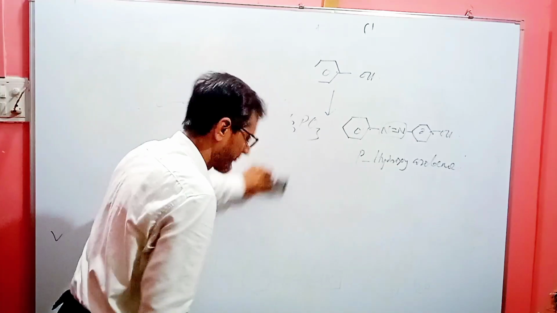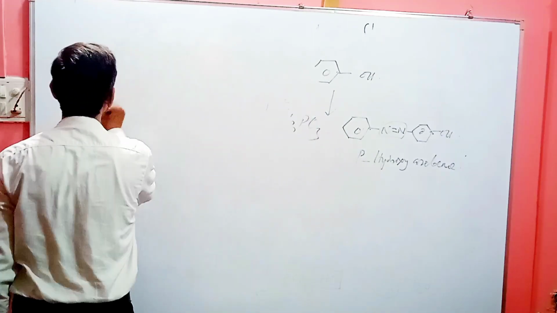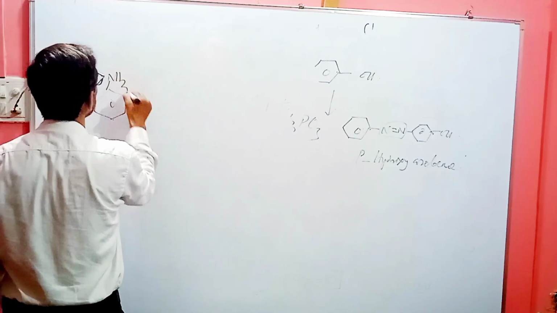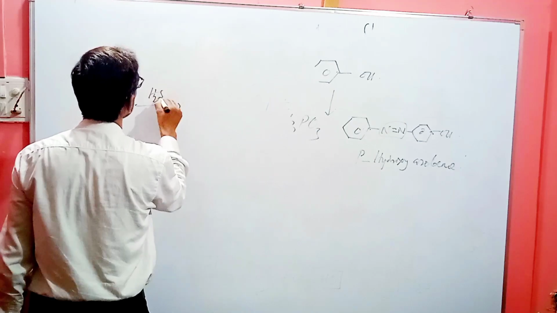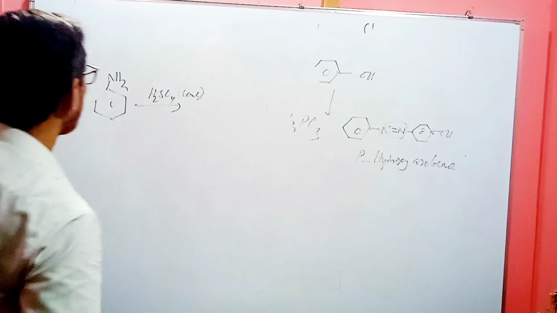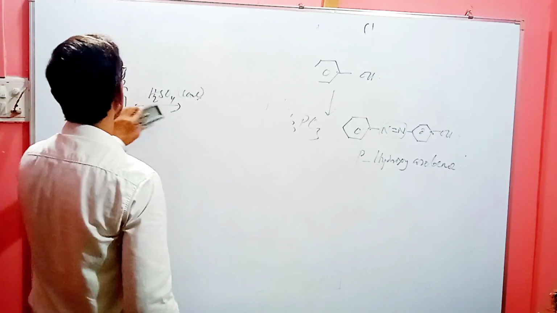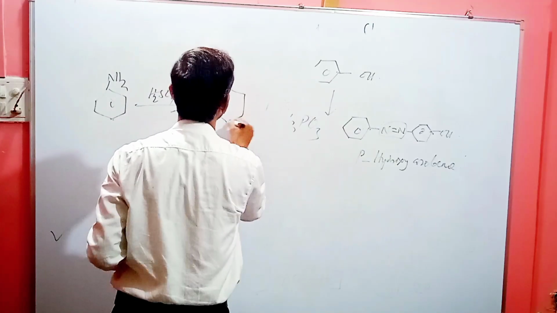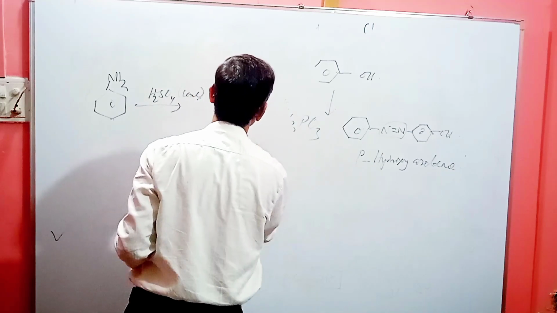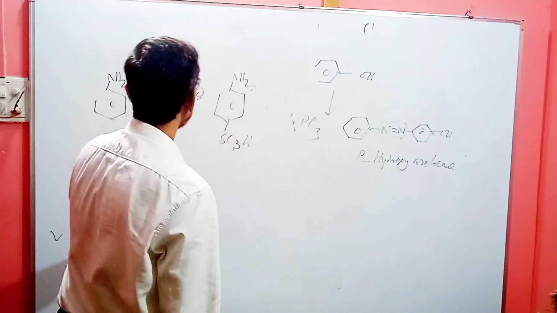So next one is aniline with concentrated H2SO4. I have done it already because it gives a para-substituted product, and I have shown you the zwitterion also. Sulfonic acid will enter at the para position.